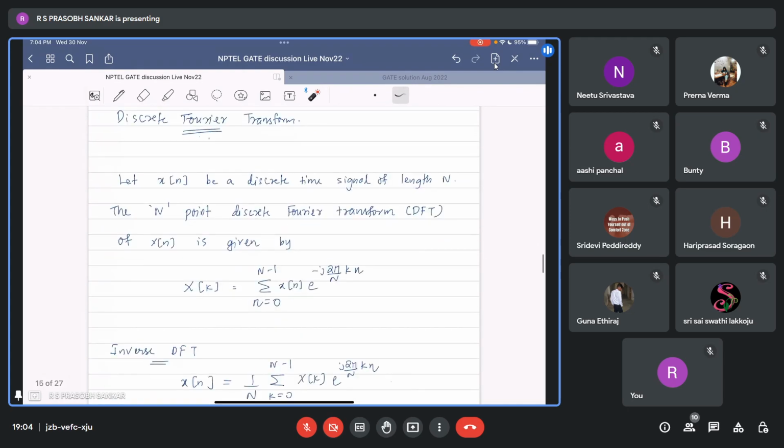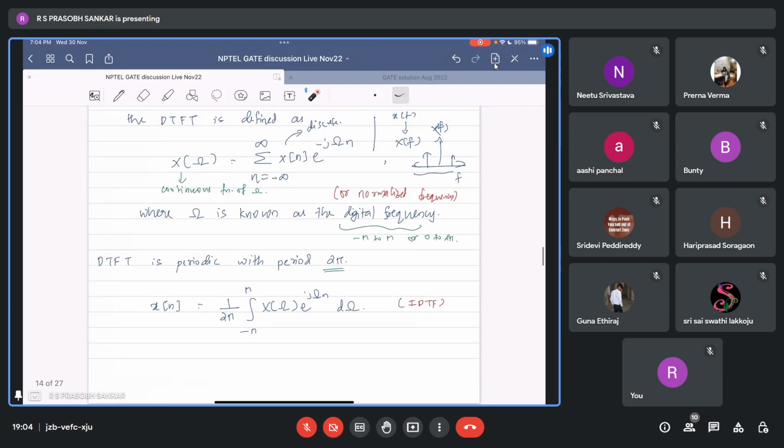Similarly, for a discrete-time signal x of n, we can also define what is known as the N-point discrete Fourier transform or DFT. DFT is defined like this: X of k equals summation n equal to 0 to N minus 1, x of n e raised to minus j 2 pi by N kn.